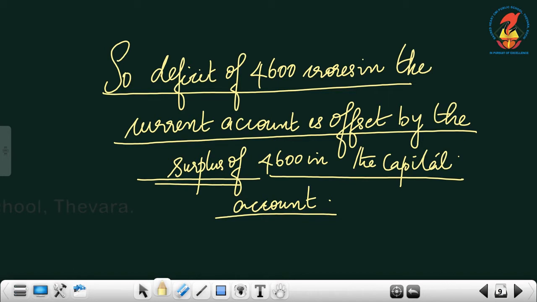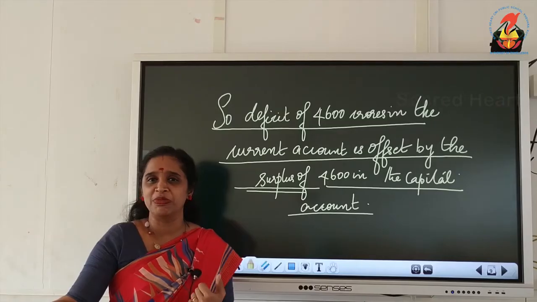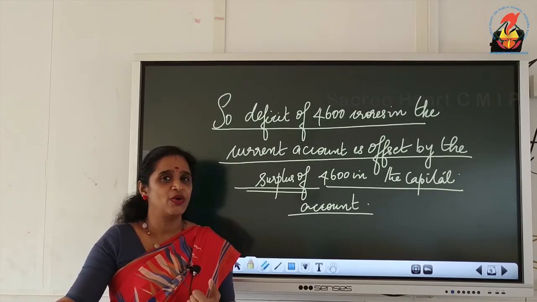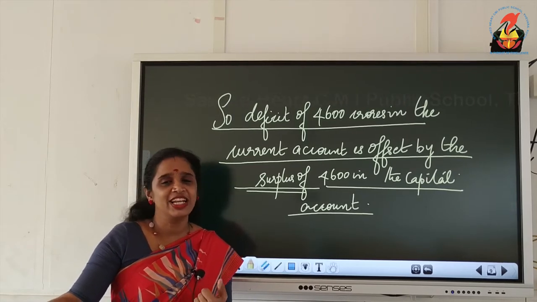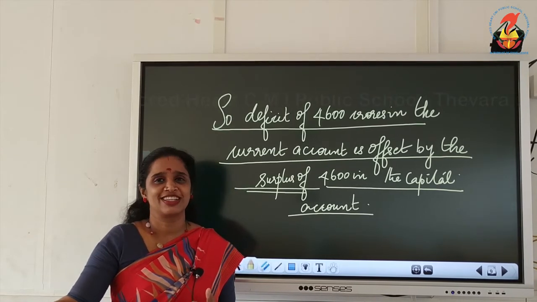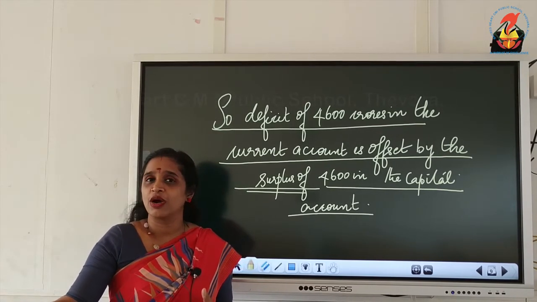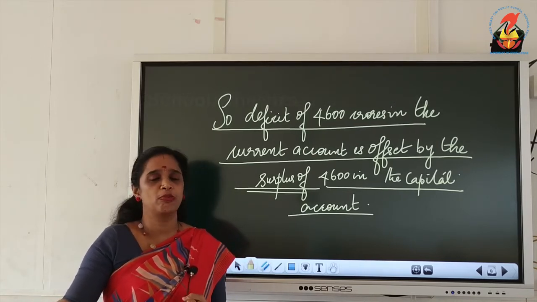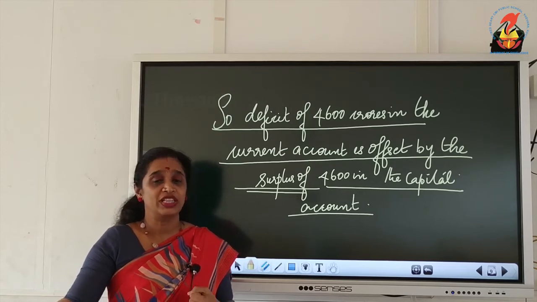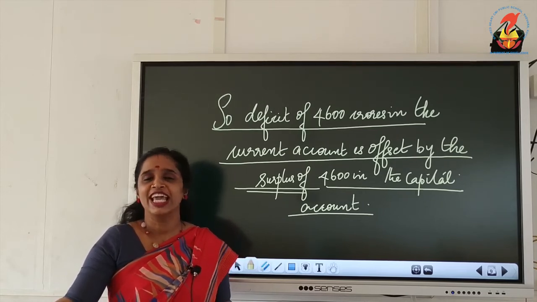So actually there was a problem of deficit of 4600 crores in the current account, but that is overcome by the surplus of 4600 crores in the capital account. This is the role played by the capital account. Capital account thus made the balance of payment equalized at 13,600 and 13,600. It has solved the problem of deficit in the current account with a surplus of 4600 in the capital account.